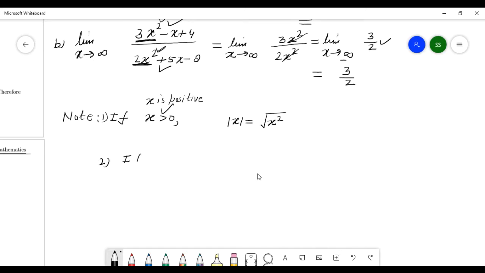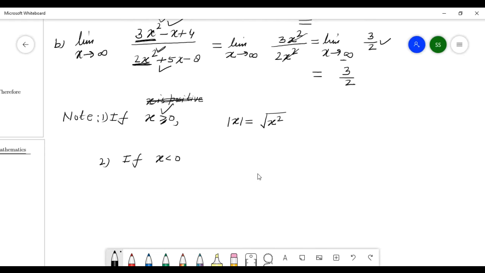If x is negative, then the modulus of x is greater than or equal to 0. For positive there is no problem, it stays greater than or equal to 0.